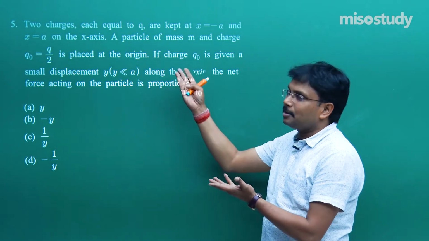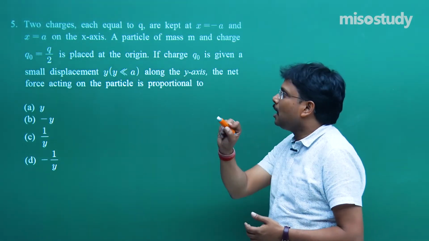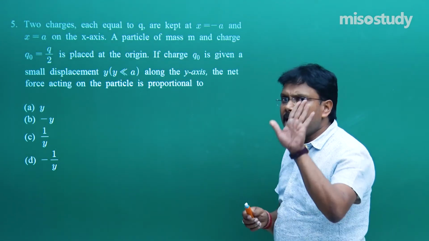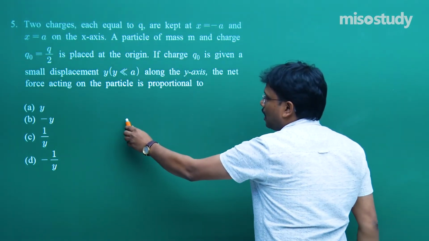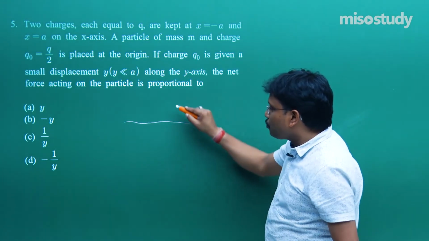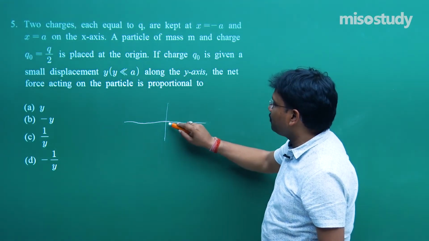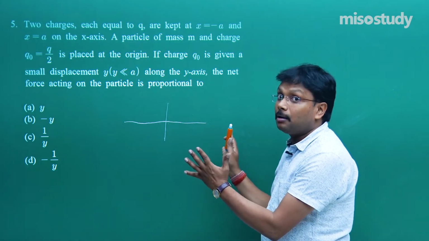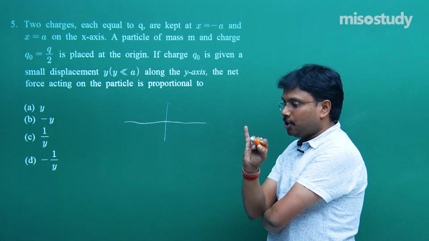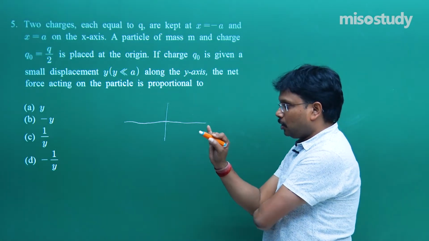Diagram given. You just have to simply pick your pen and draw a line. Minus a and plus a. It means simply I can say if this is a line, fine. So try to understand, this is the origin, this is the rough diagram that you should draw while you are reading the problem, with pen and rough sheet. First line, draw the diagram.